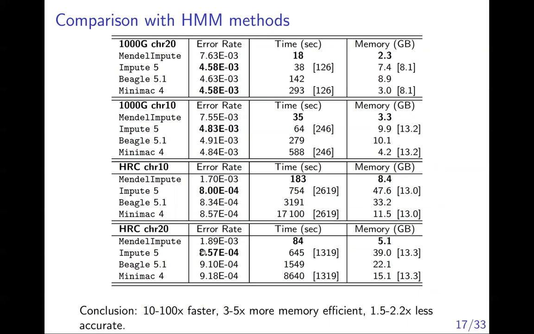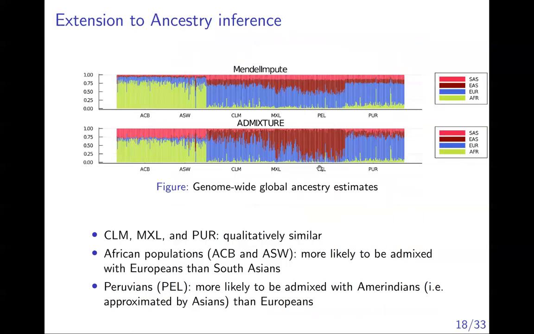But even then, our error rate is still quite low, right? You're looking at maybe 1 imputation error out of every 1,000 steps. So it's still a pretty good error rate. So finally, we also did, so I said, we can get ancestry data for free, right? Here is one of the ancestry results.